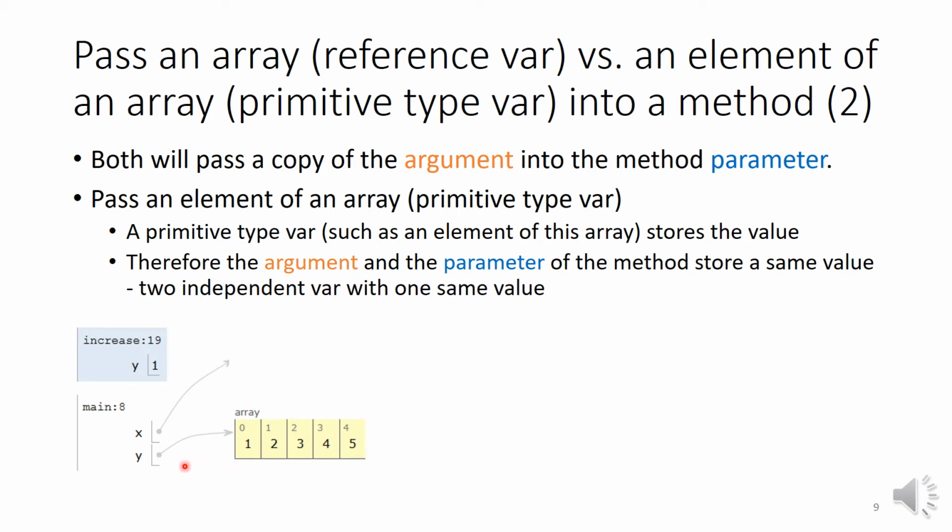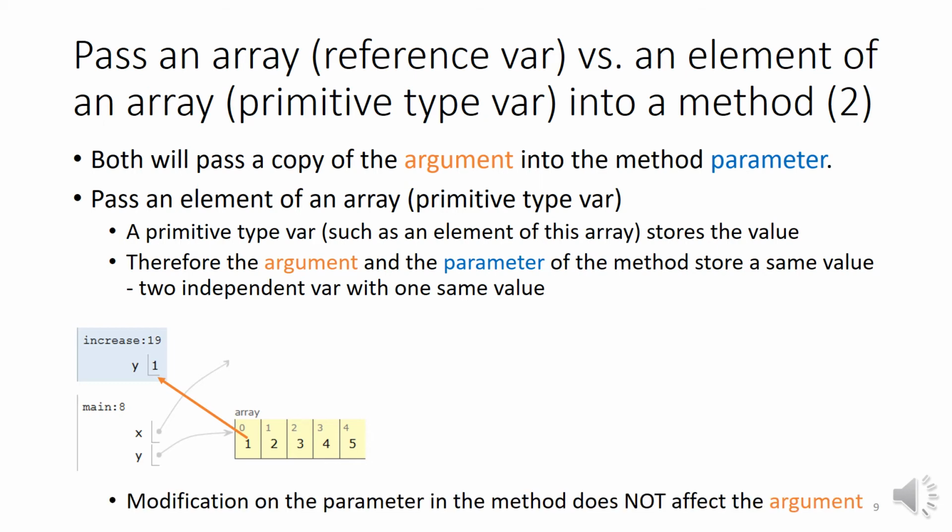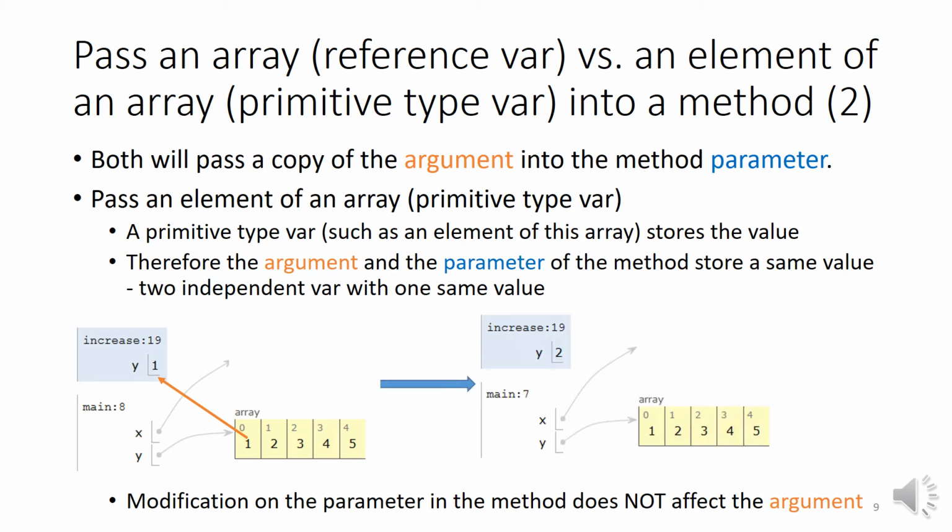For example, if we now have an array y in main, and its element y0 is passed into a method with an int parameter, the value of y0, 1, will be copied into the parameter. If you modify this parameter y in the method, it doesn't affect the argument y0.